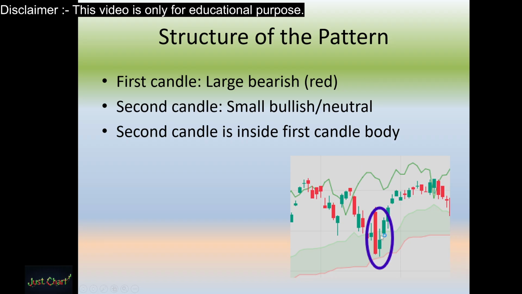Here we don't have to consider the wicks. The whole body, open and close, is inside the bearish candle. The second candle is inside the first candle's body, and here is the downtrend, and after this one the bullish trend started. So this is the reversal.